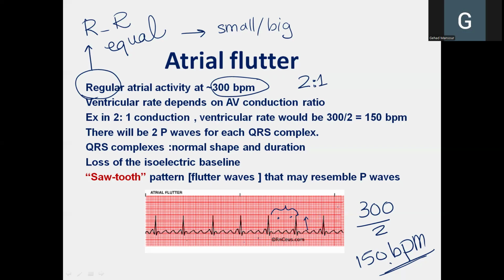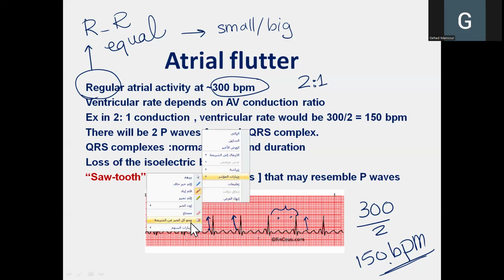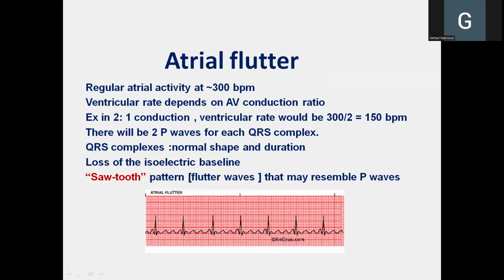So I will never ask you at the level of grade 11 or 12 to calculate the rate of atrial flutter. Let's assume that it is 300 beats per minute. Actually, if we want to calculate it precisely, if we assume that this is a P wave and that is another P wave, then because they are similar to each other, I'm trying to select two similar P waves.